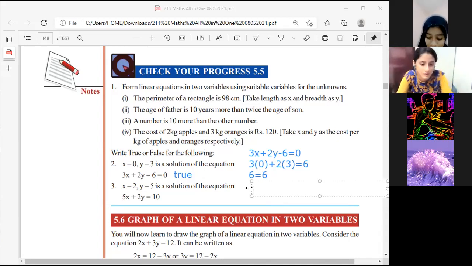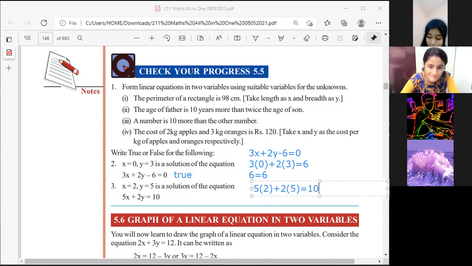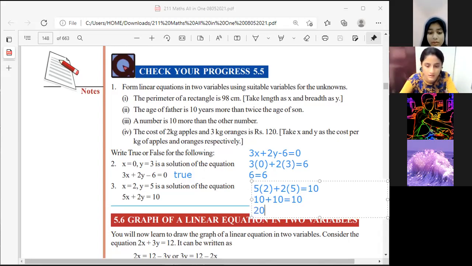I'm going to do 5. Substitute the value of X, that is 2, plus 2. Substitute the value of Y, that is 5, is equal to 10. 2 5s is going to be 10, plus 10 is equal to 10. So 20 is equal to 10. Is it going to be correct? False.